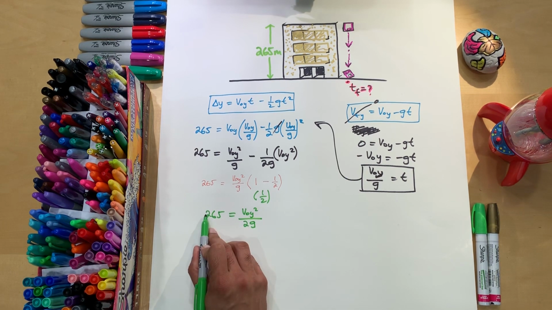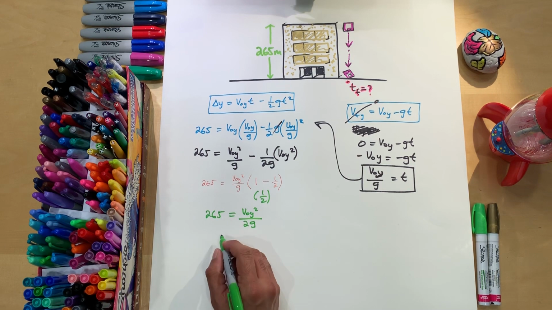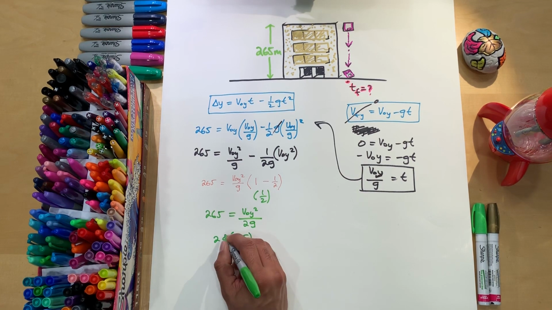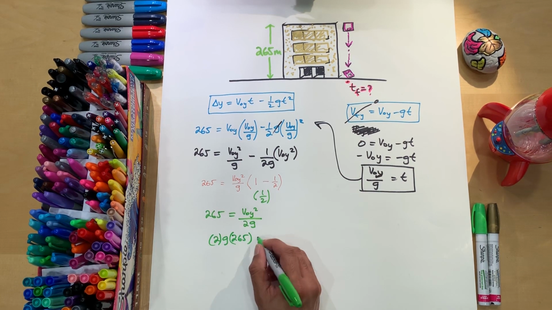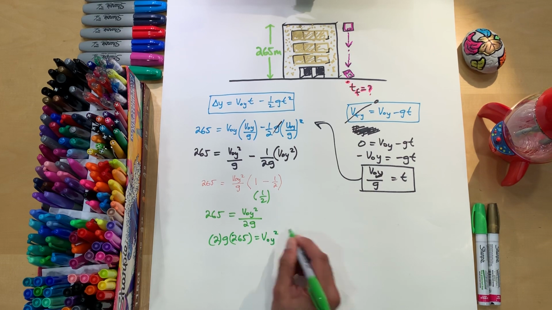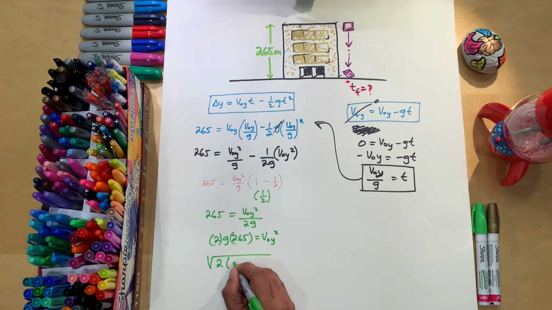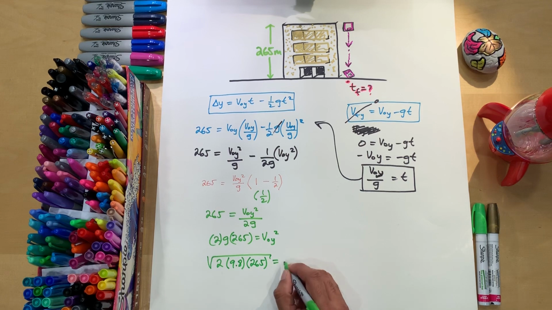We're gonna put the 2 on this side, multiply it, put the gravity on that side, and 2 gravity 265, let's put some parentheses here. And then we got velocity initial squared. Square root it, so we're gonna square root, we got 2, we got 9.8 for gravity, and we got 265, and that is gonna be our velocity initial in the y.